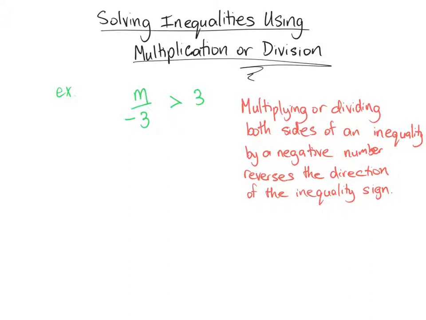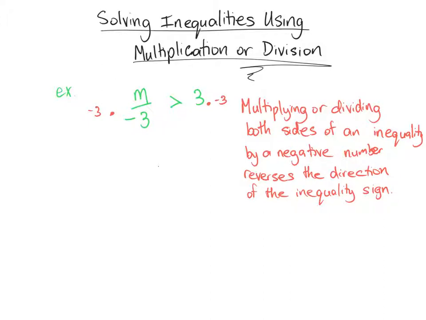Let's do it. All right, so here we have m. M is being divided by -3. We want m alone. We have to do the opposite of dividing by -3, or the inverse operation of dividing by -3. And so we have to go ahead and multiply by -3. And whatever we do on one side, we have to do to the other side as well.